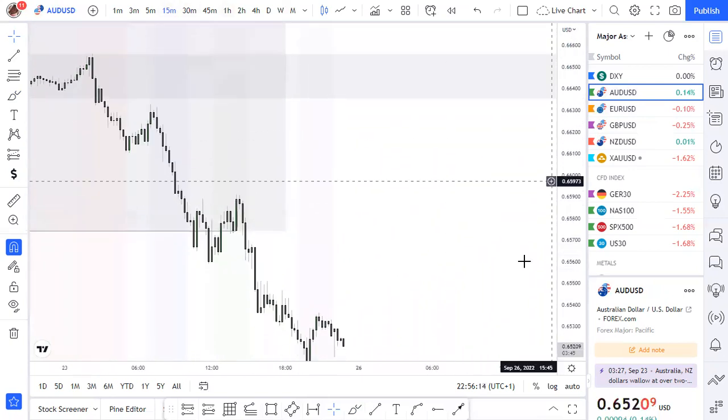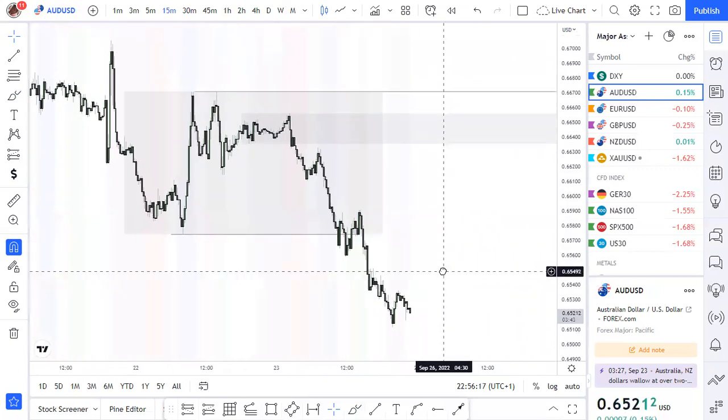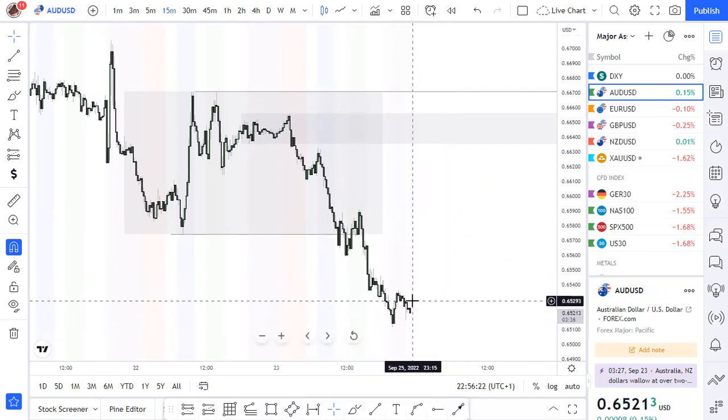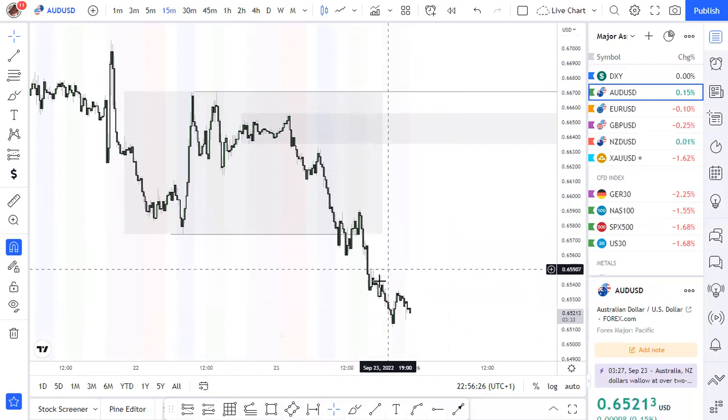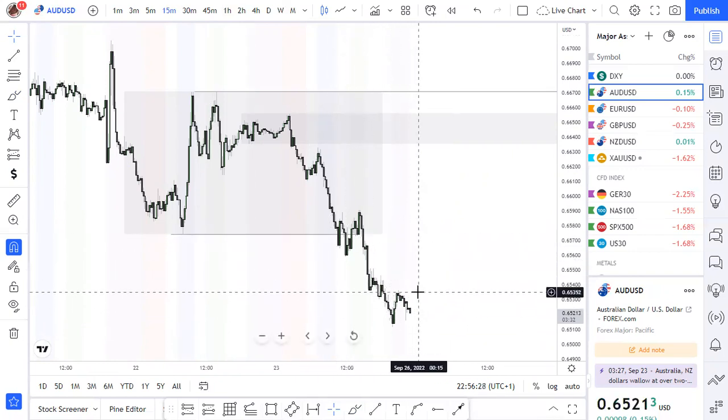I think it's best to wait for London session because the market just opened, as today is Sunday. So the market just opened and I don't really want to look at anything within here. I'll just wait for price. I think that's during London session.